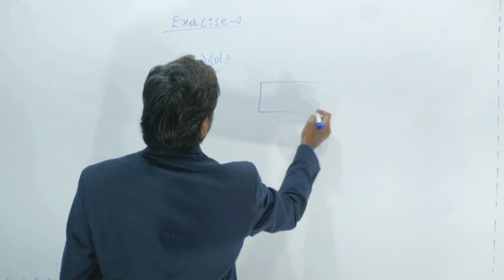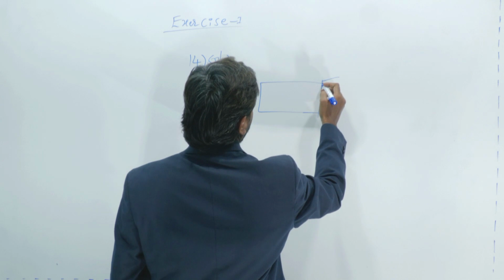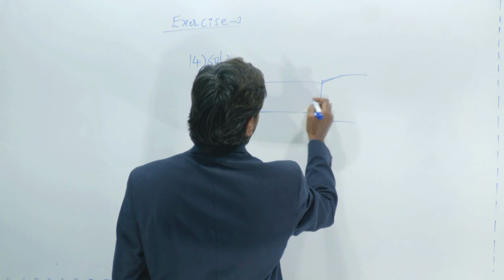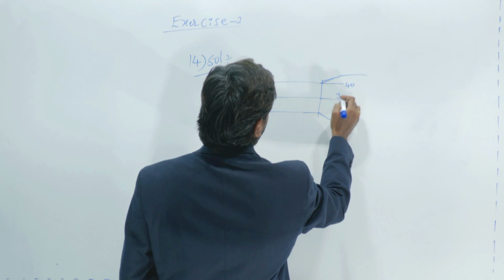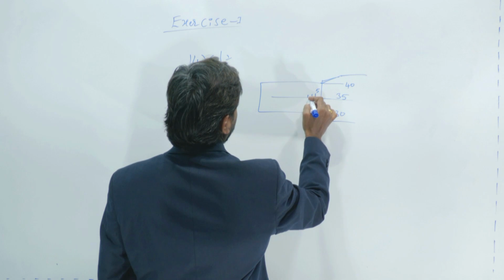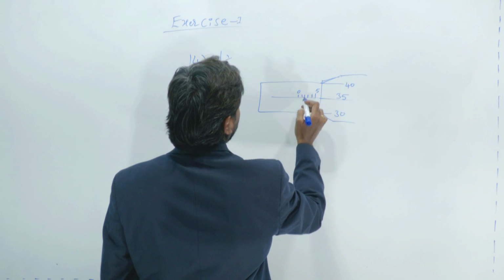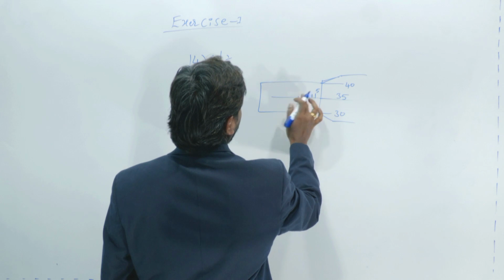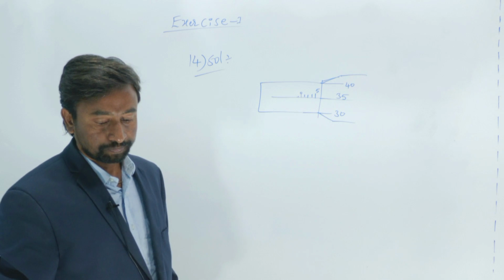This is the pitch scale given here, and this is a circular scale. This is the baseline. Here it is given 40, this is 35, and here 30 is given, and this is 5. 0, 1, 2, 3, 4, 5. Like that is given there.